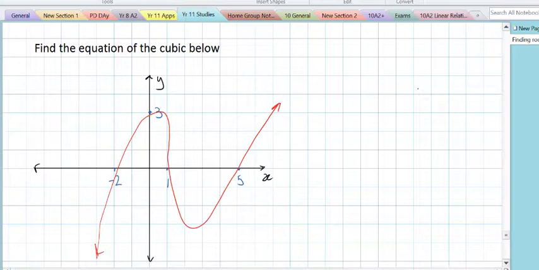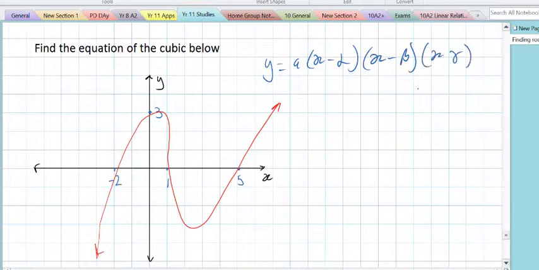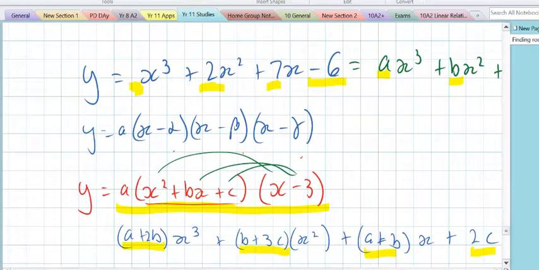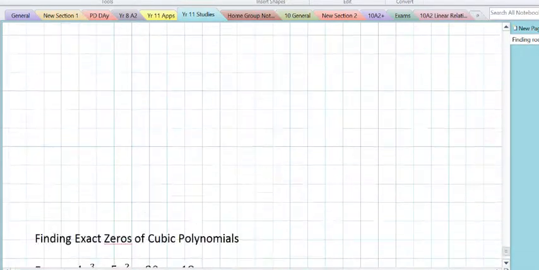Now, if we were going to find the equation of this cubic, we take the form above, because we have the three distinct roots. So y equals A, x take alpha, x take beta, and x take gamma. And then we substitute in the roots, with A not equal to 0.